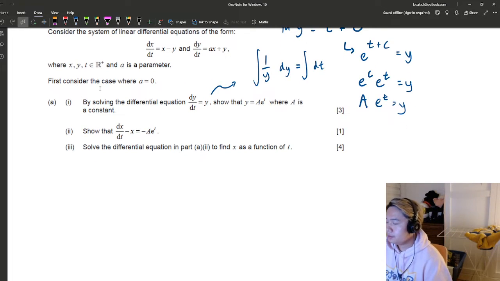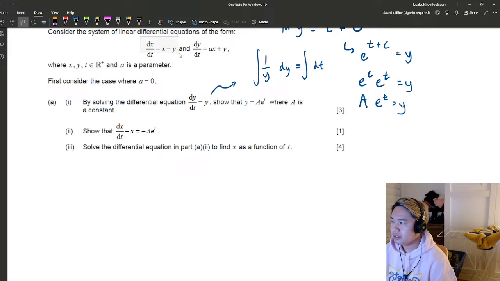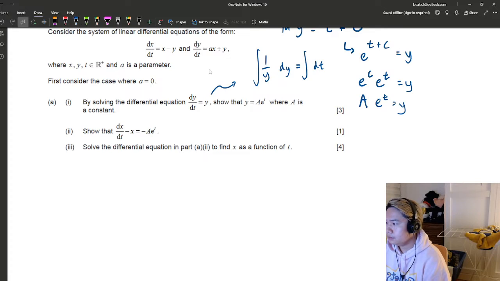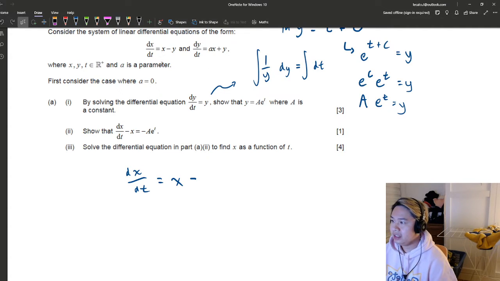Okay. Then next, show that dx/dt minus x is equal to this. That's easy enough. We're going to use this one here. So dx/dt is equal to x minus y. And from part a, I know that y is a times e to the power of t.